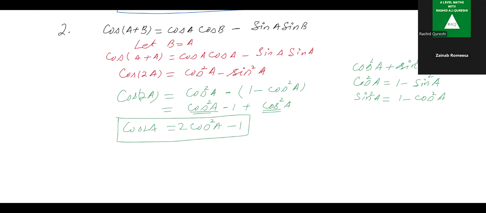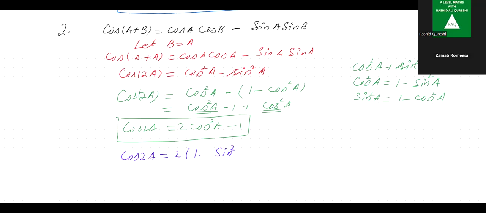Now, if I replace the cos square by sine square, the third one, I use the blue marker over here. So I will get cos of 2A is equal to 2 times, I have to remove this cos square. Cos square is 1 minus sine square of A, minus 1.